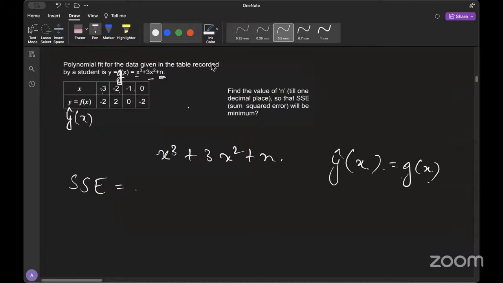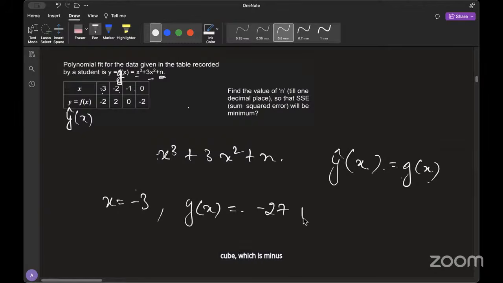Yes. So what you do here is, first you find y cap x. You'll first substitute -3 here. So at x equals -3, your g(x) is -3 cubed, which is -27, plus 3 times 9, which is 27, plus n.